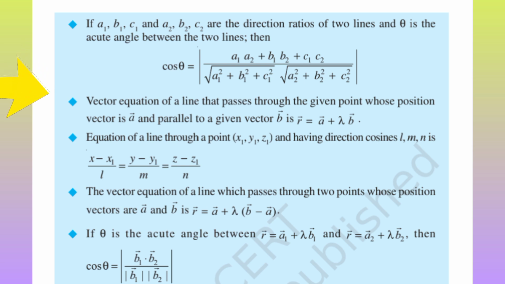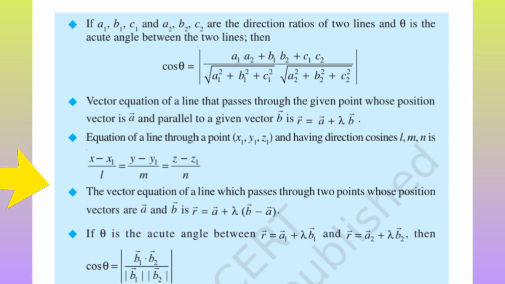Vector equation of a line that passes through the given point whose position vector is a vector and parallel to a given vector b is r vector is equal to a vector plus lambda b vector. Equation of a line through a point (x1, y1, z1) and having direction cosines l, m, n is (x minus x1) by l is equal to (y minus y1) divided by m is equal to (z minus z1) divided by n.